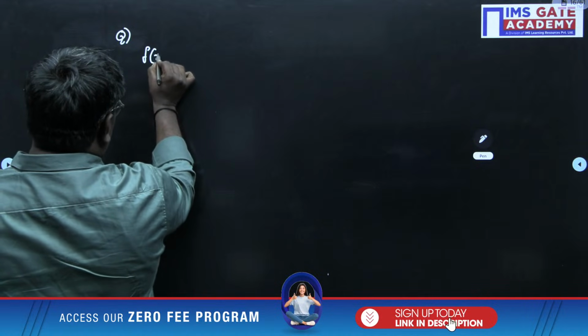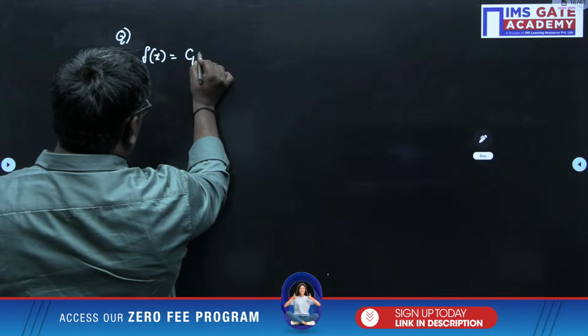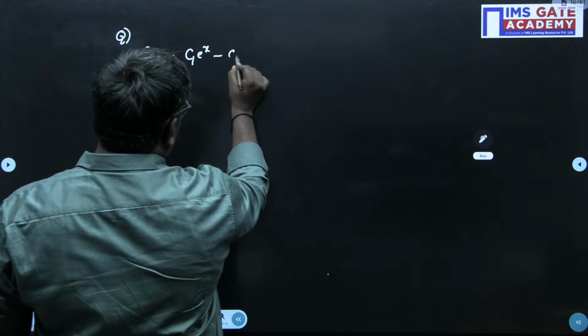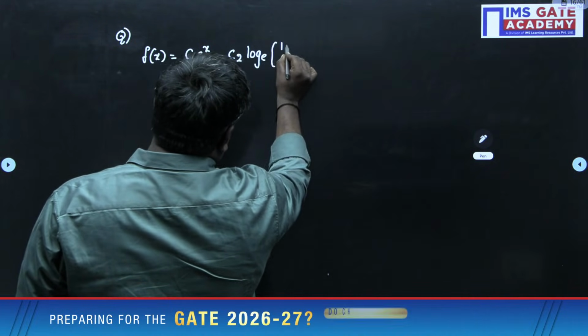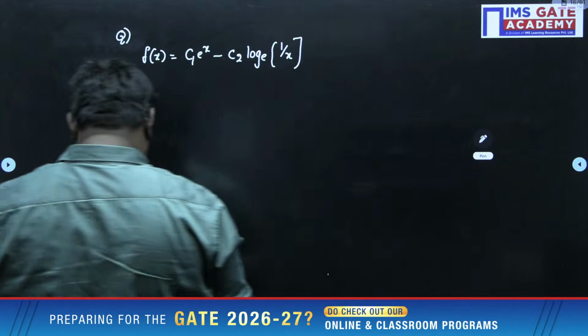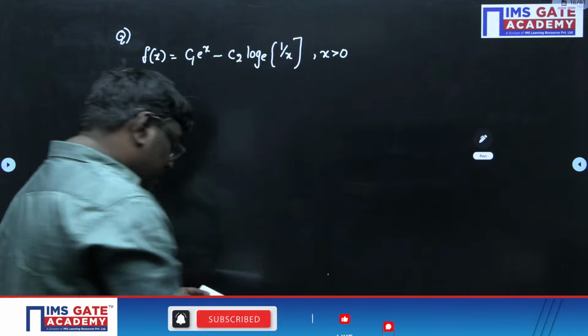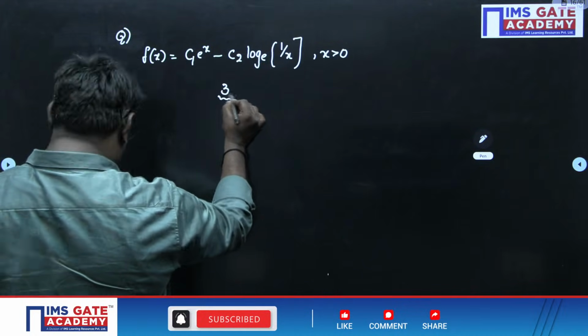So f of x is equal to c1 e power x minus c2 log e into 1 by x, for the condition x greater than 0. Now, my dear students, for any other values, it is given as 3.